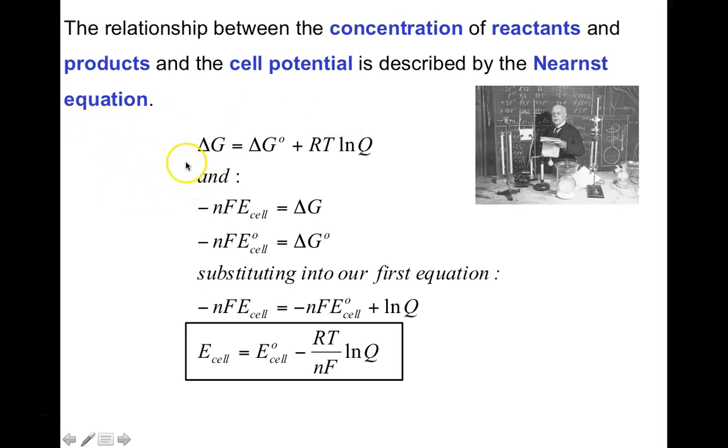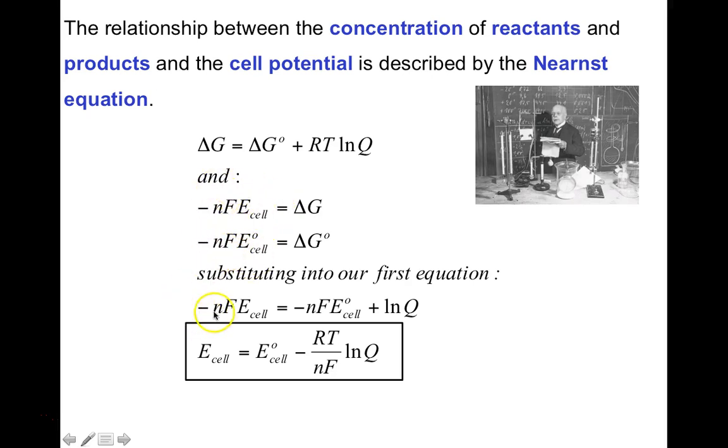The Nernst equation is that delta G under non-standard conditions is equal to delta G naught, the delta G under standard conditions, plus RT log of the reaction quotient. Keeping in mind that the negative of the number of electrons transferred multiplied by Faraday's constant multiplied by the cell potential equals delta G, we can substitute for delta G with this term here.